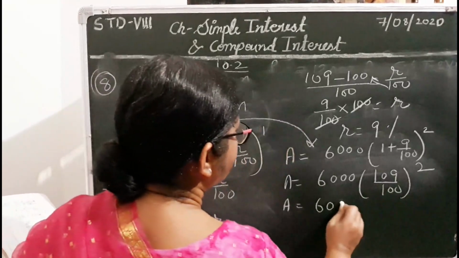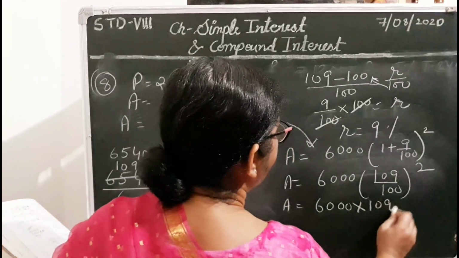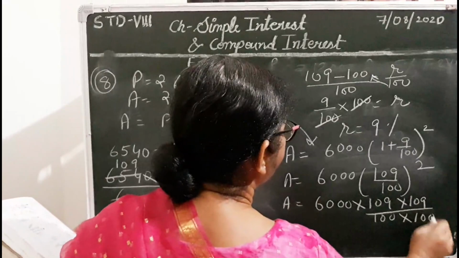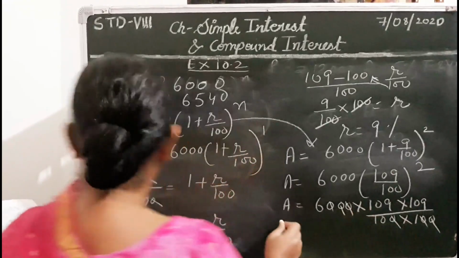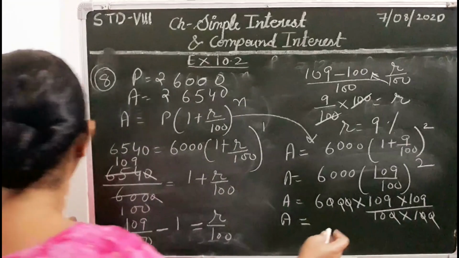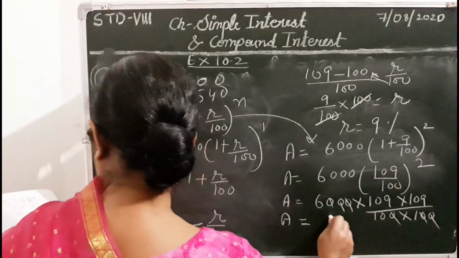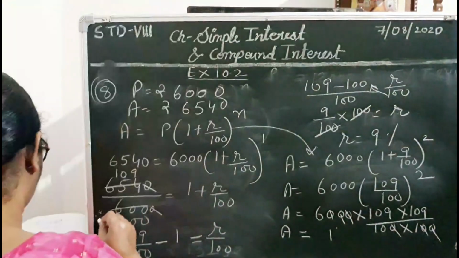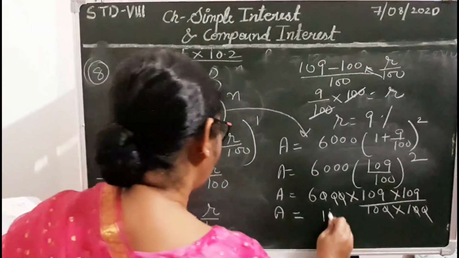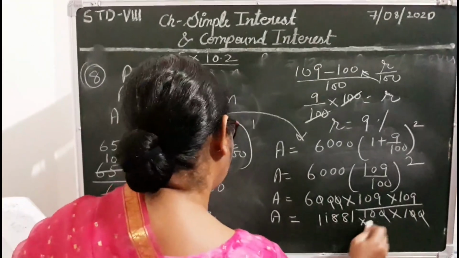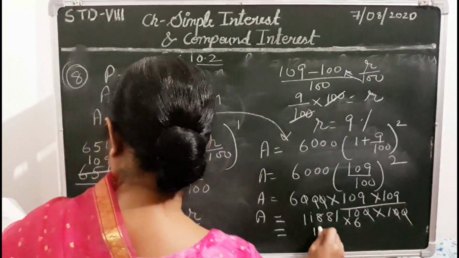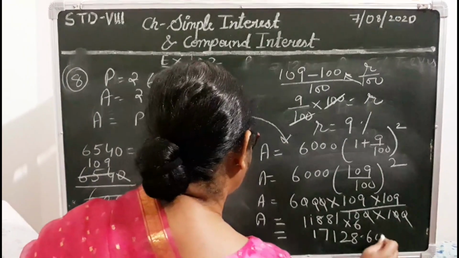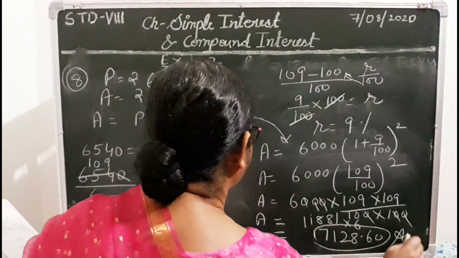Amount is equal to 6,000, 109 over 100 multiply 109 over 100. And amount is equal to rupees 109 multiply 109 multiply 6, 11,881 multiply 6, is 71,286. 17,128.60 is the answer.